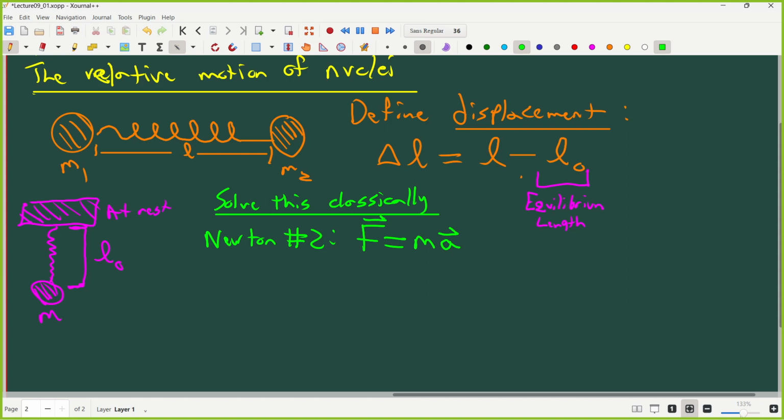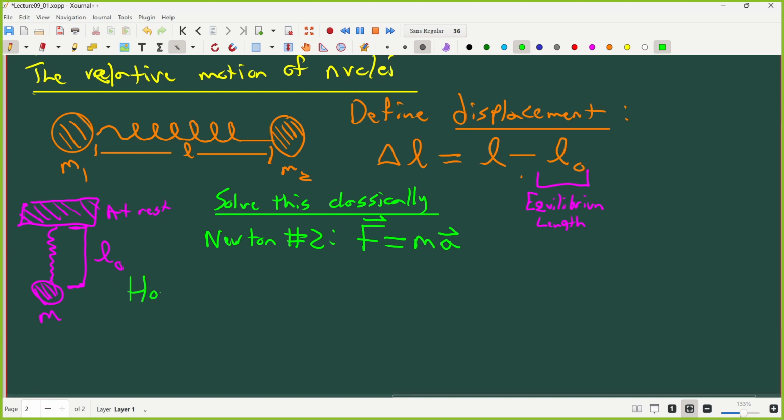We have two things that we have to answer here. First, what's the force? We're going to stretch this spring out past L naught, so we displace it, a positive displacement. The spring is going to have some force acting against you to compress it. It wants to come back to equilibrium. For springs, we're going to use the simplest approximation, which is called Hooke's law.